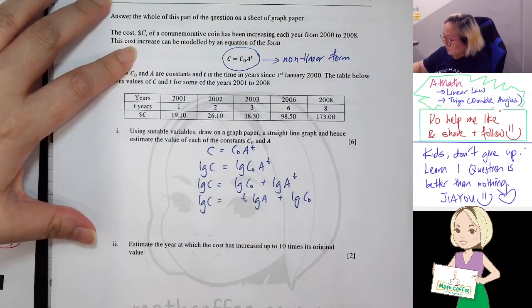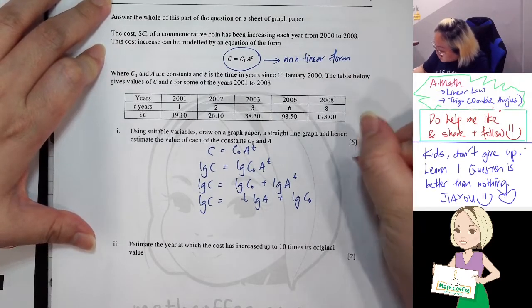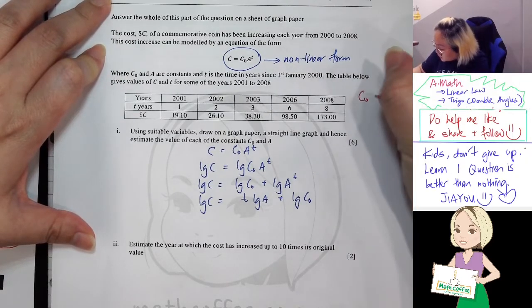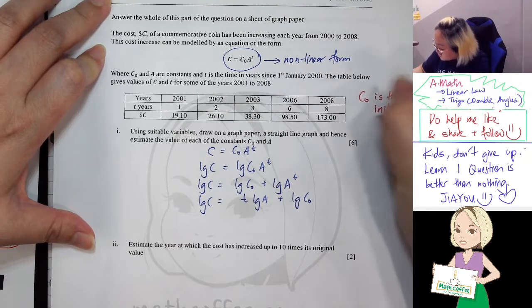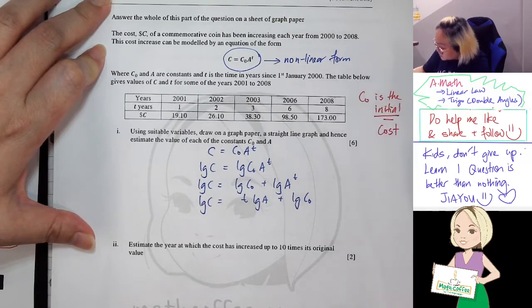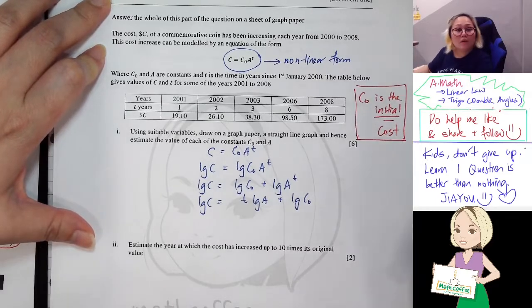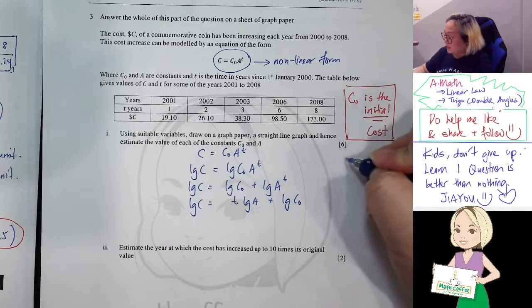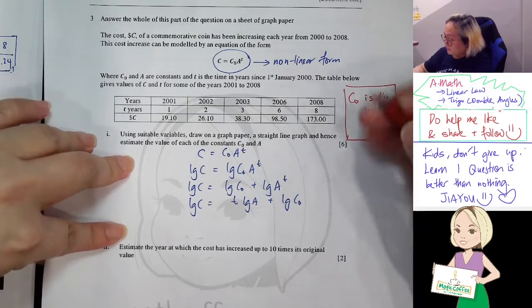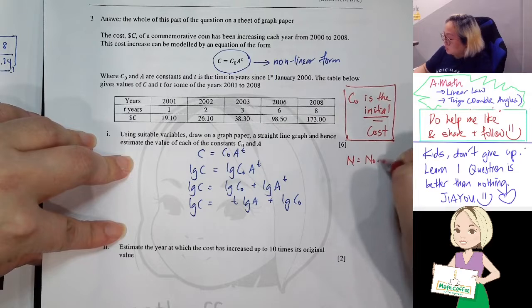So I'm going to put here in case you wonder what is C naught. C naught is the initial. Initial means the starting cost for this case. A lot of times, let's say for example, you see an equation, example only, let's say you have N equals to N naught e to the power of t.